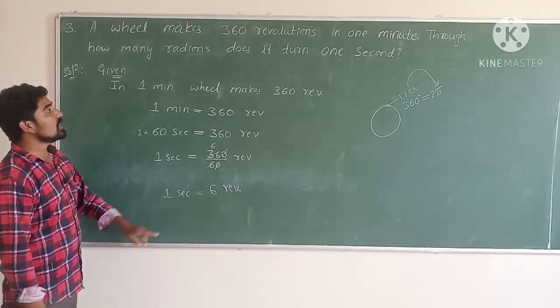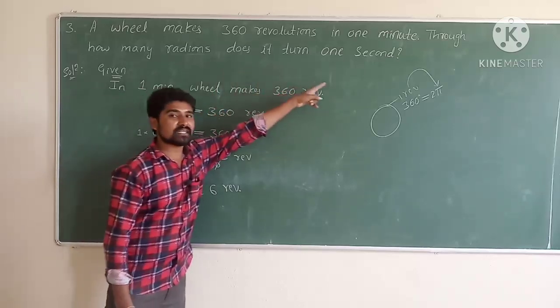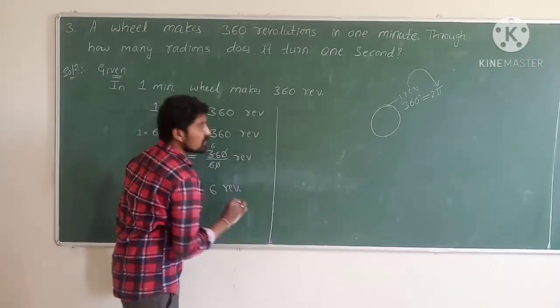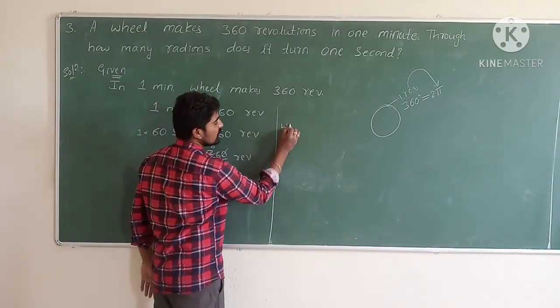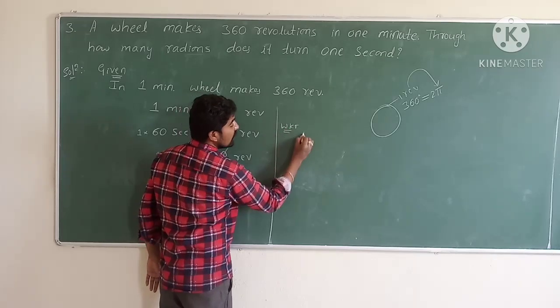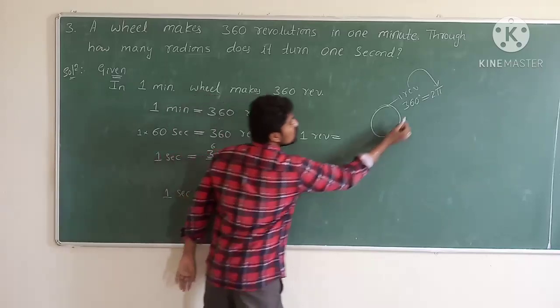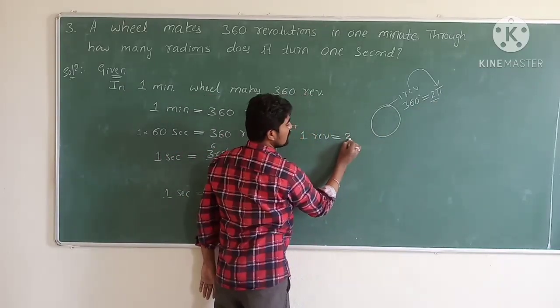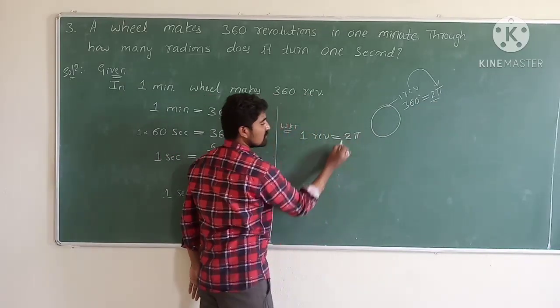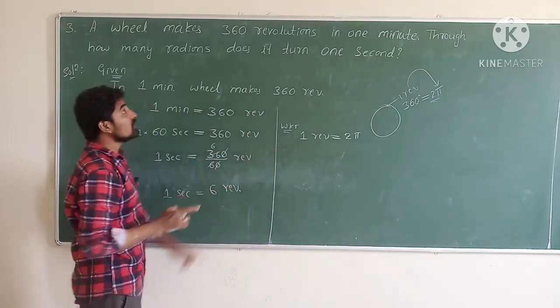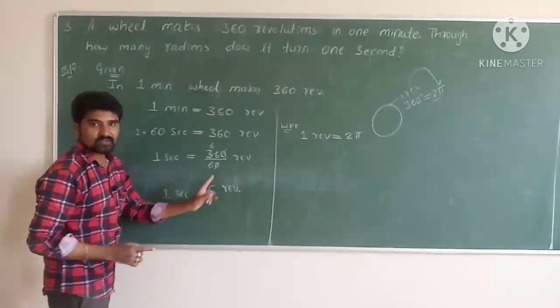So we need to identify the number of radians in 1 second. For that we know that 1 revolution is equal to how many radians? 2 pi radians. So in 1 second the wheel makes 6 revolutions.